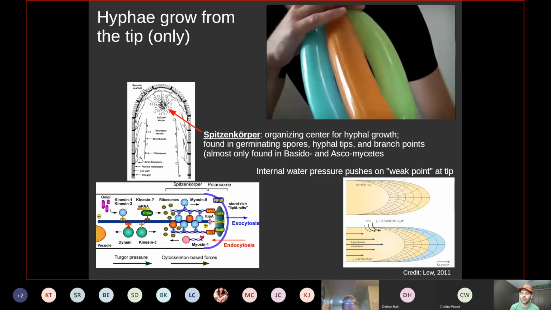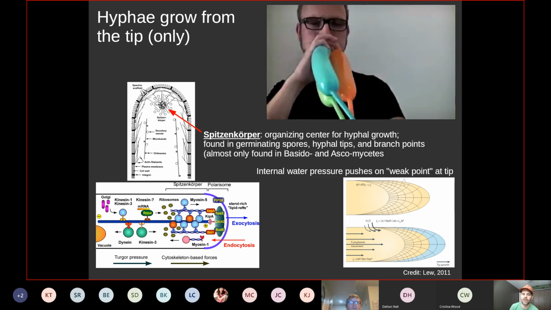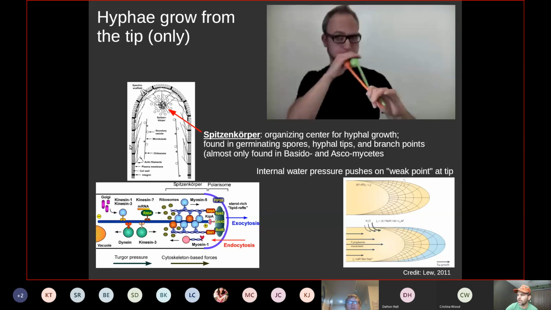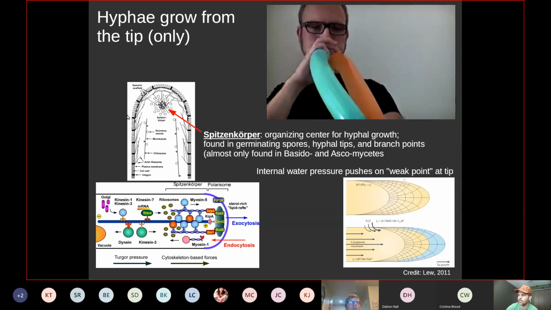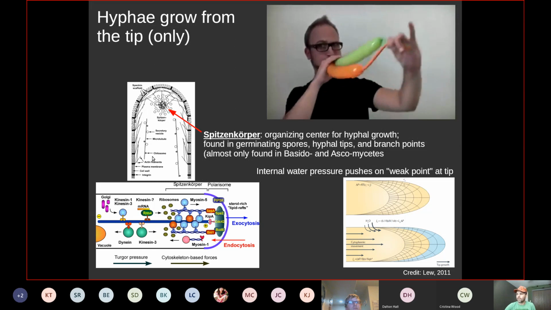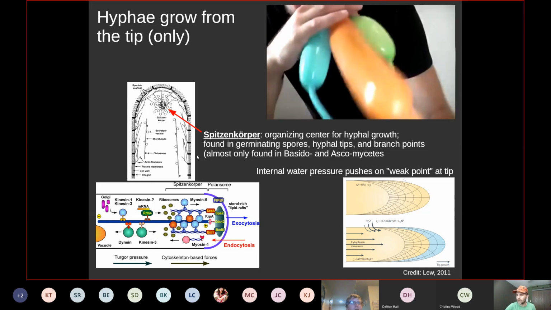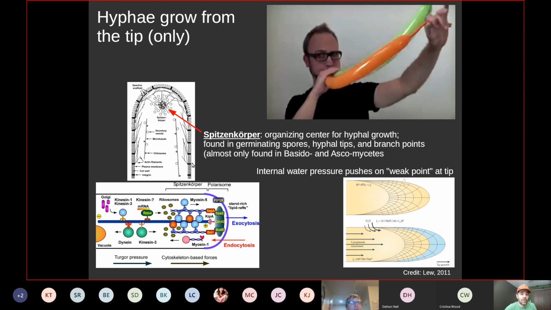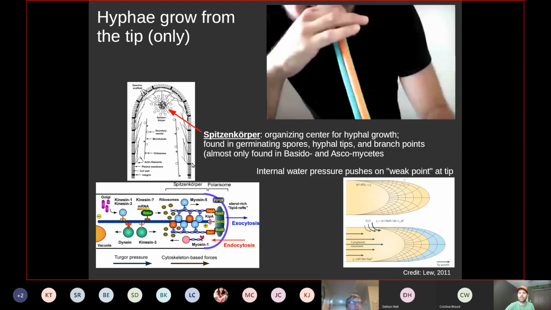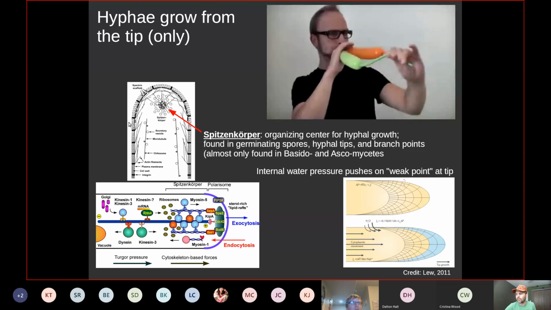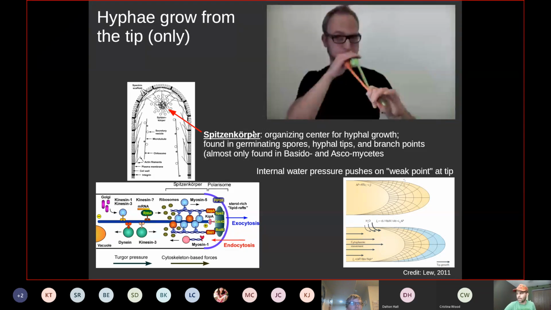So just like this guy blowing up balloons, fungi grow from the tips based on pressure behind them. So this is looking at the tip of a fungal hypha right here. And you can see it's got its chitin forming its cell wall. As you pointed out, chitin is pretty tough material, and so how do you expand that with just water pressure? The answer is all this activity going on in the very tips.